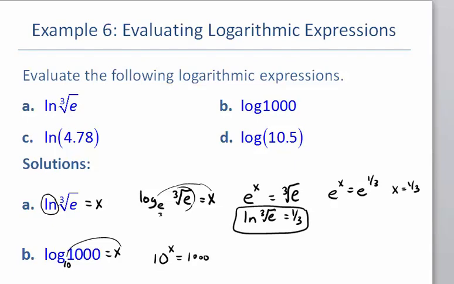Well, remember that 1,000, writing it with the same base of 10, we could write 1,000 as 10 to the 3rd. So we could say 10 to the x is the same thing as 10 to the 3rd, which means that x has to equal 3. So the common log, log 1,000, is equal to 3.